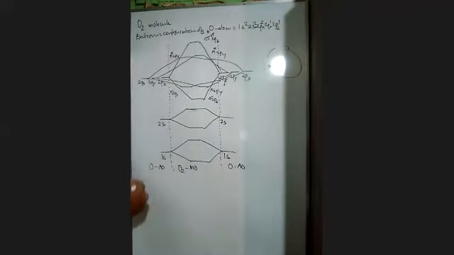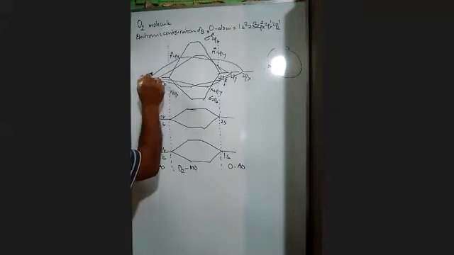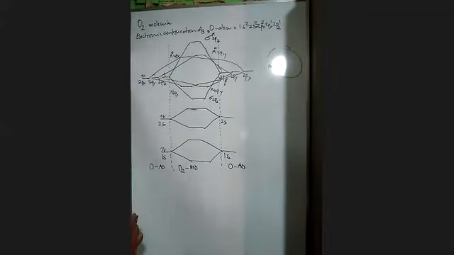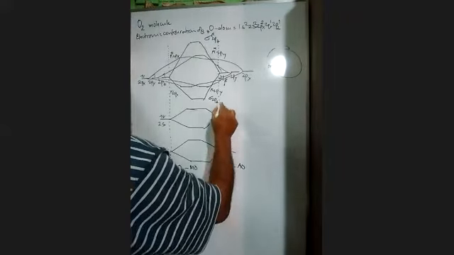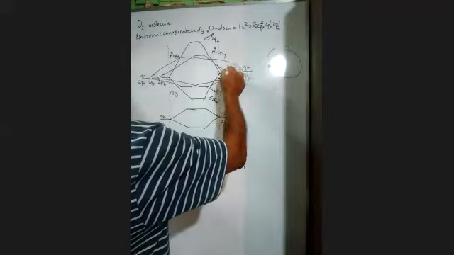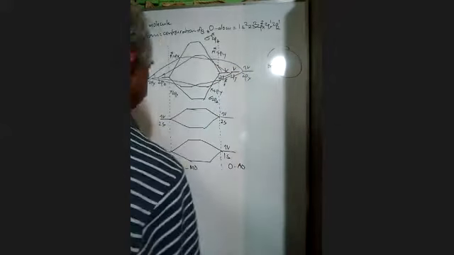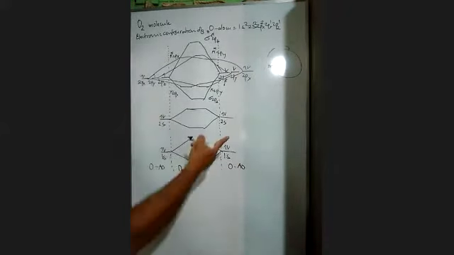What is the electronic configuration? 1s2, 2s2, 2px2, 2py1, 2pz1. So 1s2, 2s2, 2px2, 2py1, the other way. So now how many electrons do we have? 8 plus 8, 16.